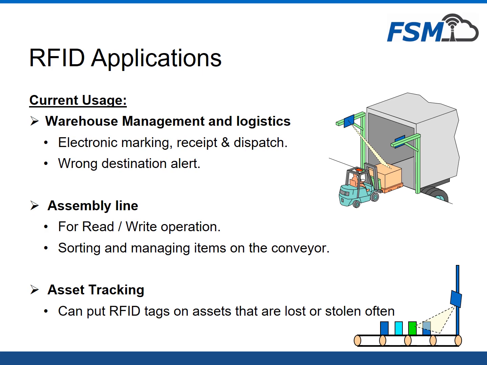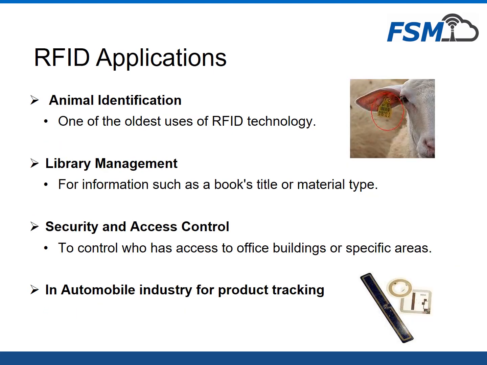Again, asset identification, asset tracking. Very early use was animal identification. Talking about industry, the dairy industry largely used RFID tags for animal identification, which even boiled down to product categorization.